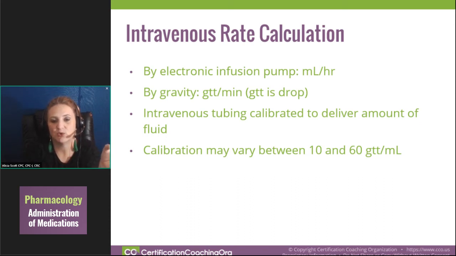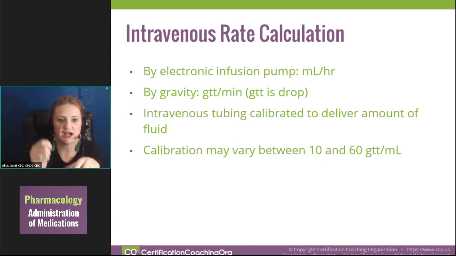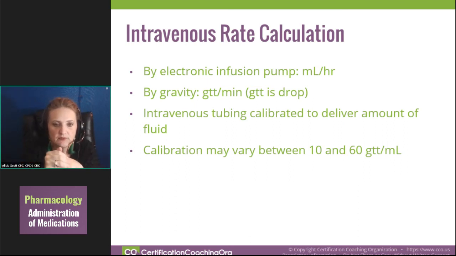That's onboarded first, and then an hour later they onboard the chemo, and that goes over, say, 3 hours. They want to make sure it's very controlled, not just running that little bar over the tubing. And using gravity, your calibration can be between 10 to 60 drops a milliliter.